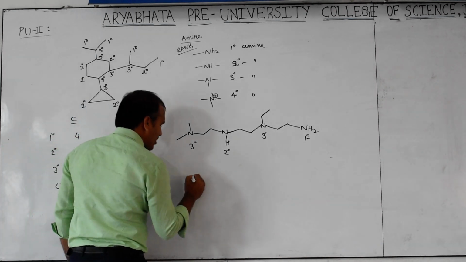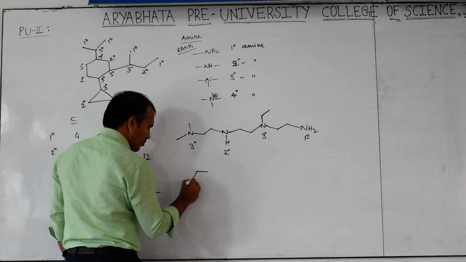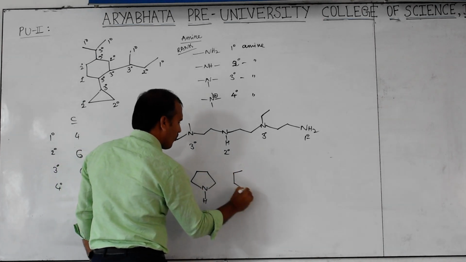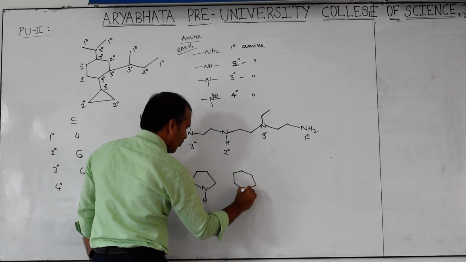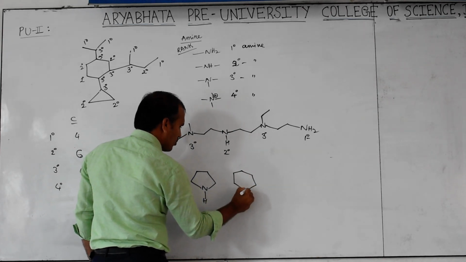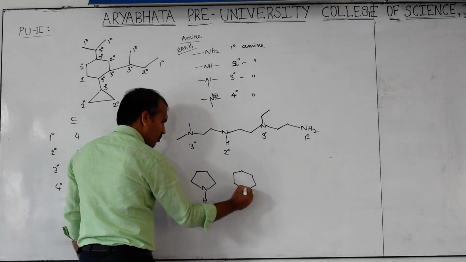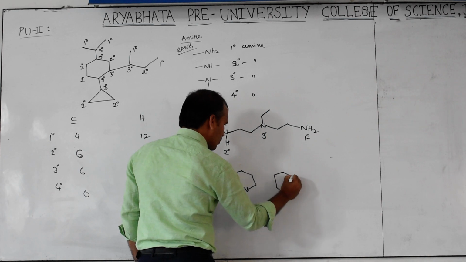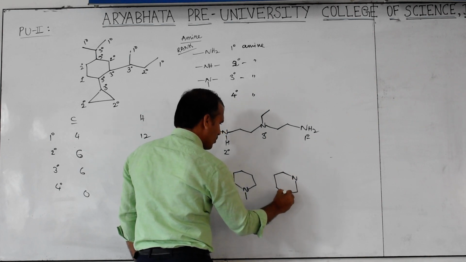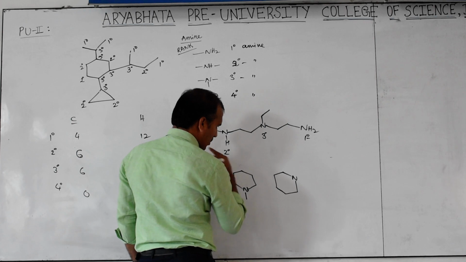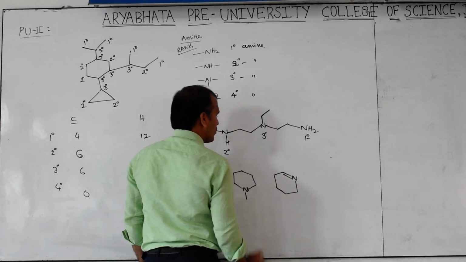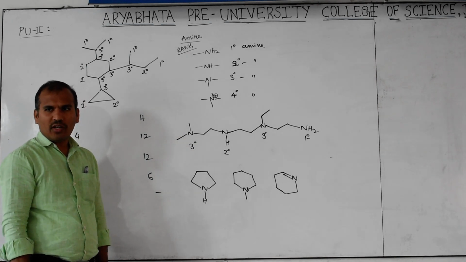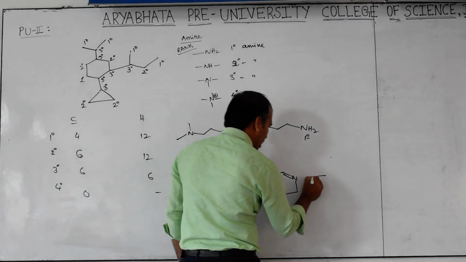Now one cyclic example we will take. Now, find out the primary, secondary, tertiary amines.